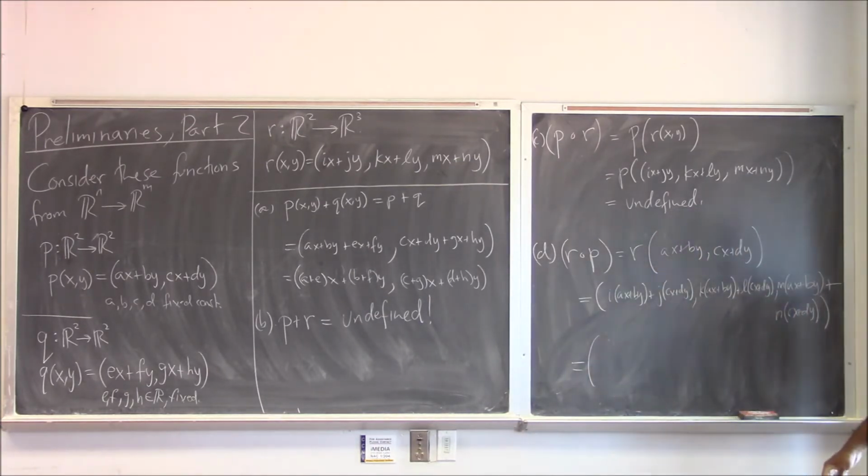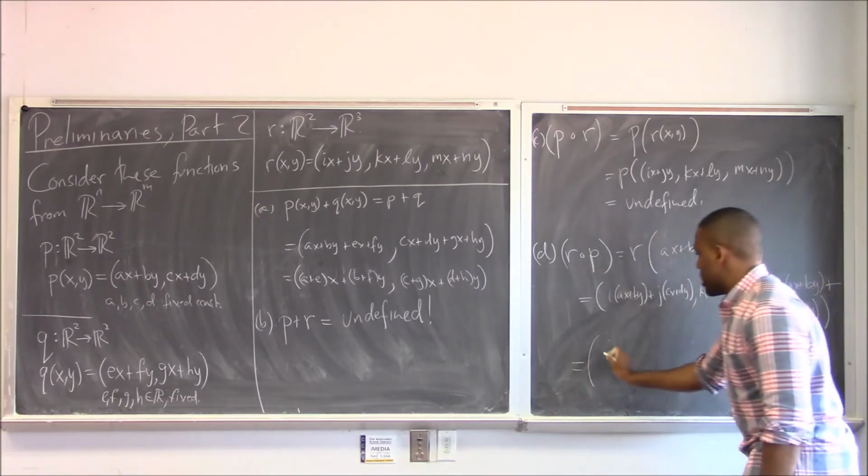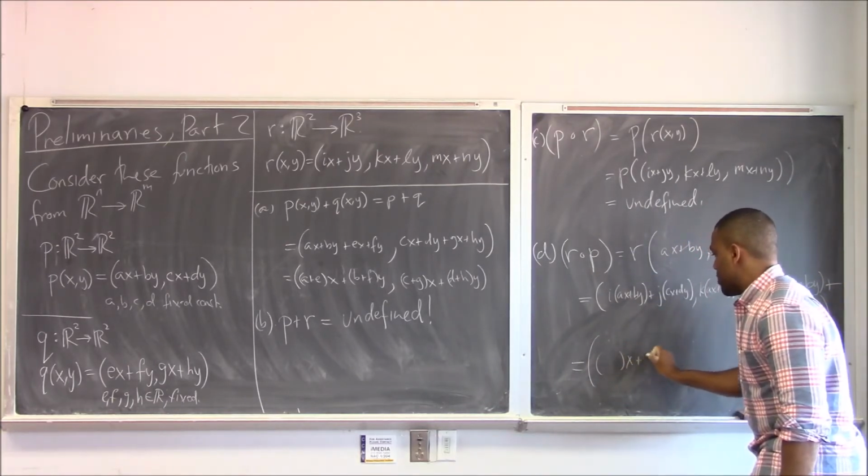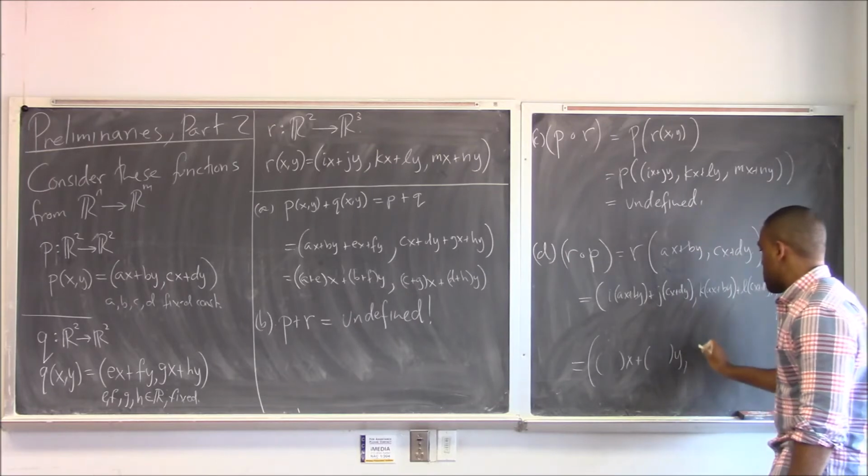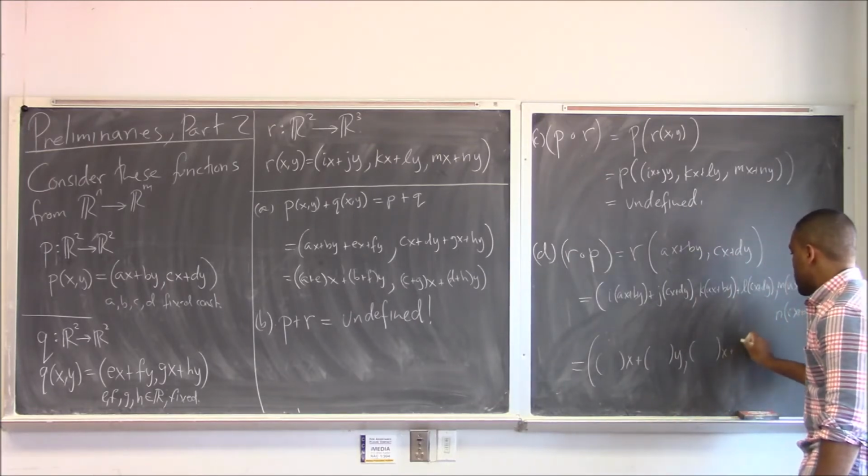Let's group all these together, skipping a few steps. How many x's do we have here? How many y's do we have? Comma, how many x's? How many y's?